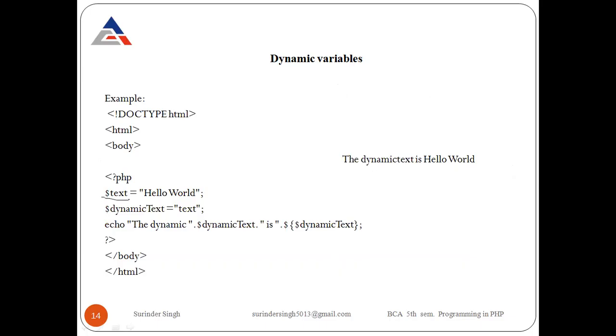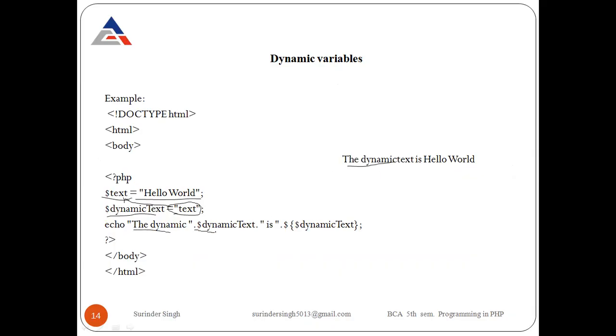We have a variable text with a value, and this is the dynamic variable, and I have the value named text, which is the name of this variable. Clear? And we are printing the dynamic text here.